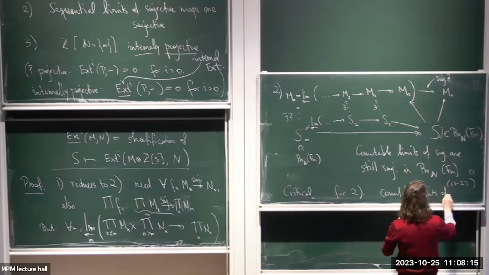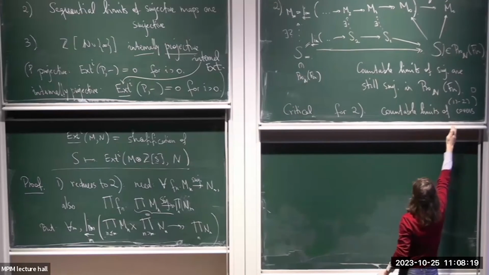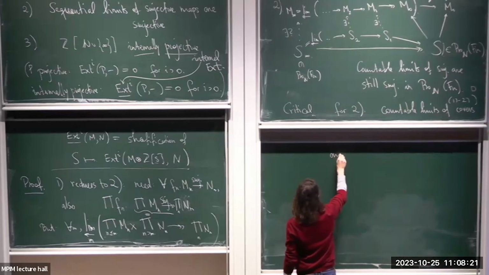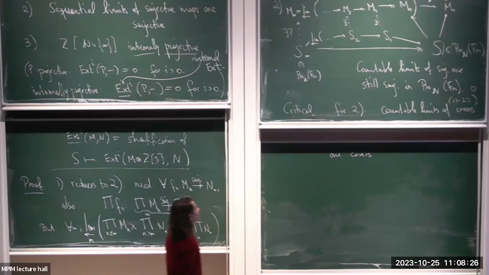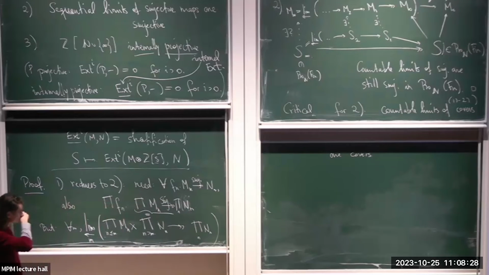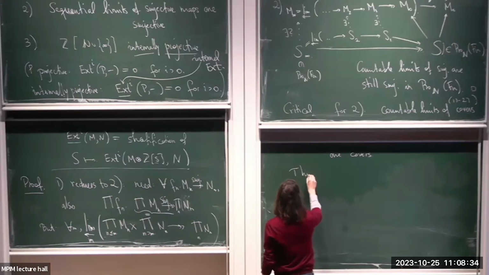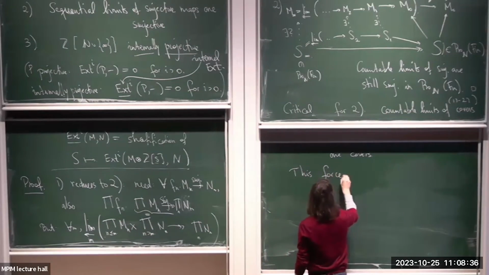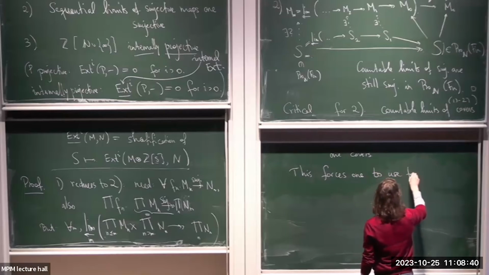Countable limits of covers in your Grothendieck topology are covers. And I claim that this basically forces you to use totally disconnected spaces as building blocks.